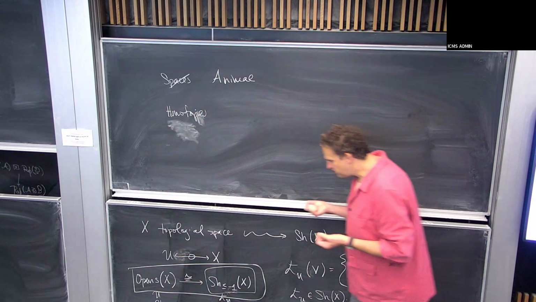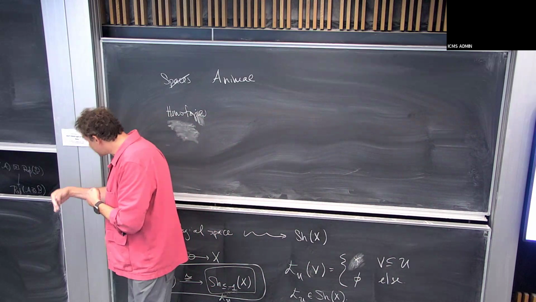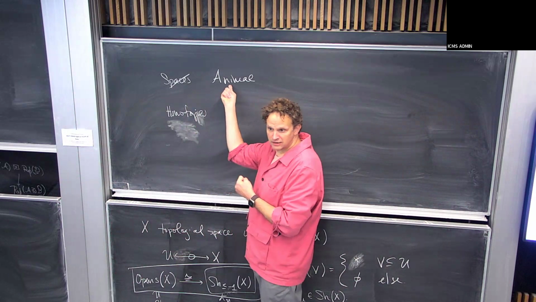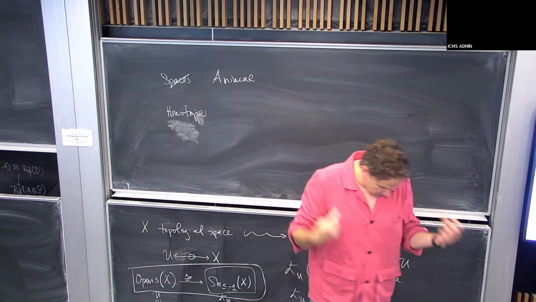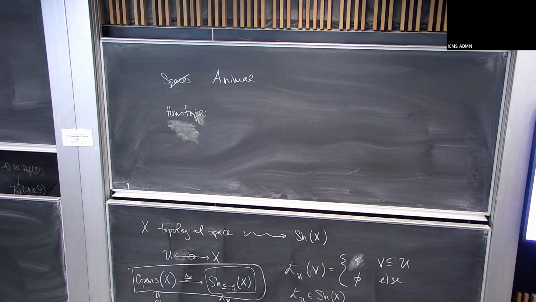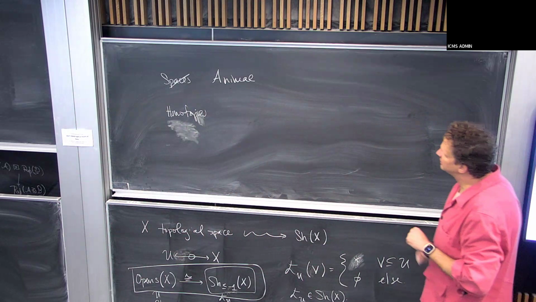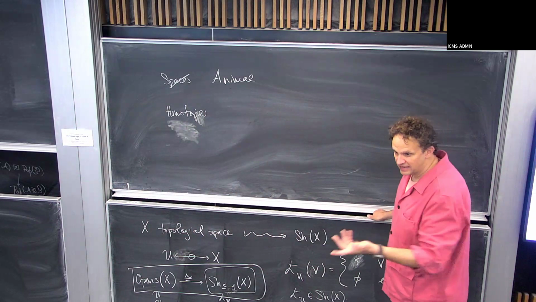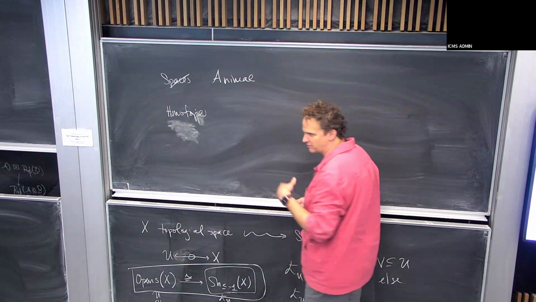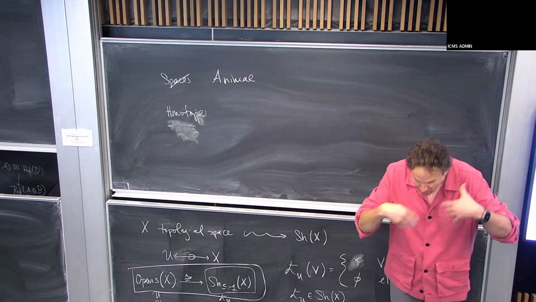When you do that, you pass from the category of sets to the category of anima, and for abelian groups, what you extract is the non-negative derived category of abelian groups. So that's where this language comes from.